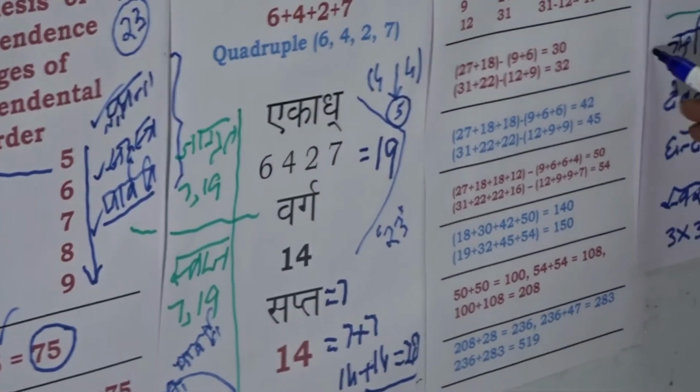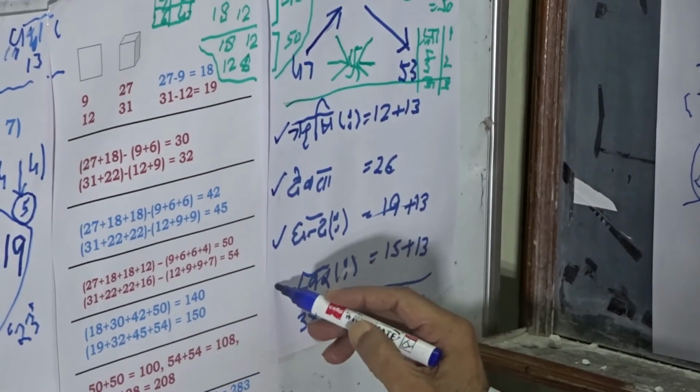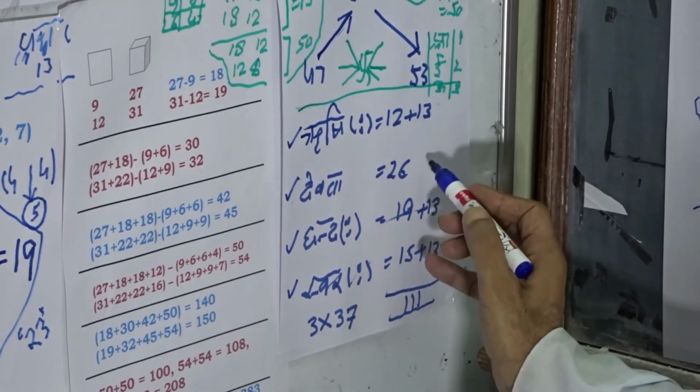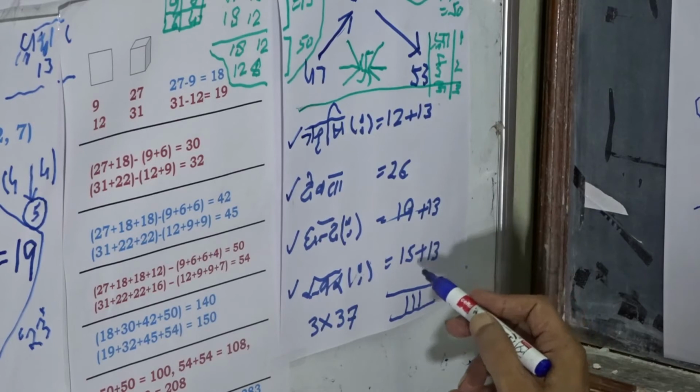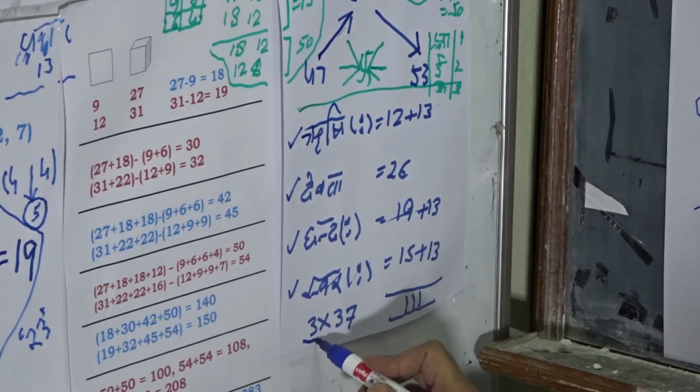And we know each mantra has a distinct Rishi, Devata, Chand and Swar. These are of transcendental code values: 12 plus 13, 26, 19 plus 13, 15 plus 31. It is 131. It is equal to 3 into 37.